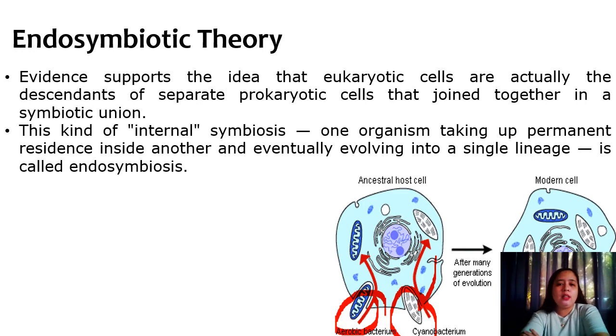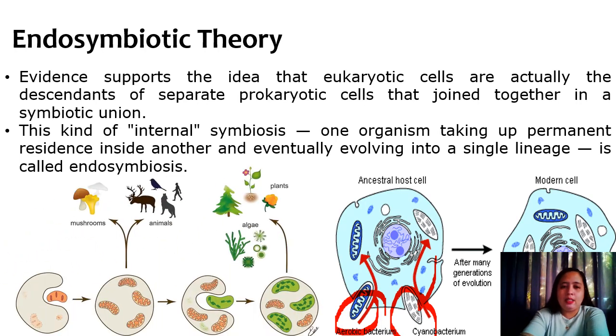This kind of internal symbiosis is where one organism takes a permanent residence within another and evolves together in a single lineage. So, kapag one prokaryote engulfs your mitochondria, mag-evolve sila as a single lineage, as one na, which now leads to your heterotrophic organisms, or mushroom and animals.